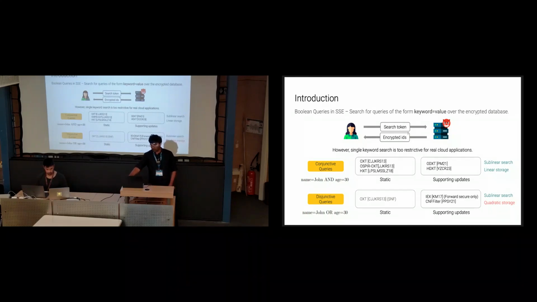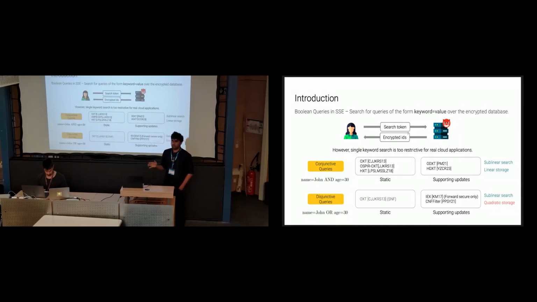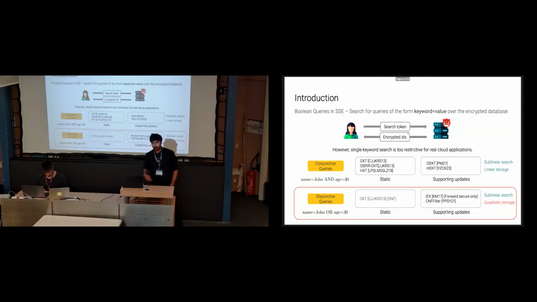Currently, SSE research has mostly focused on conjunctive queries. There are state-of-the-art algorithms which attain optimal sublinear search and linear storage. But disjunctive queries are not that well explored. There are very few constructions dedicated to disjunctive queries.